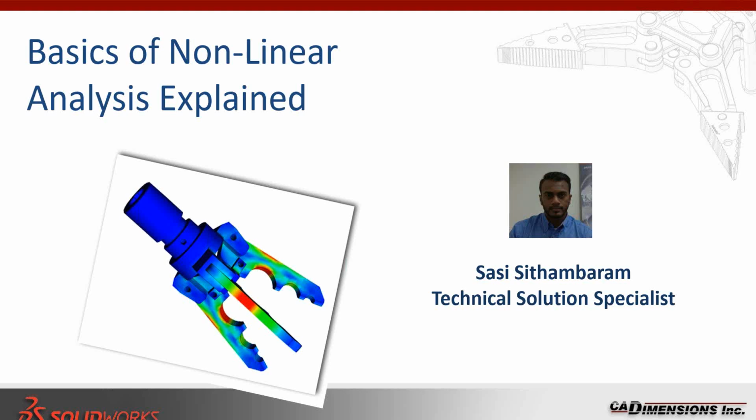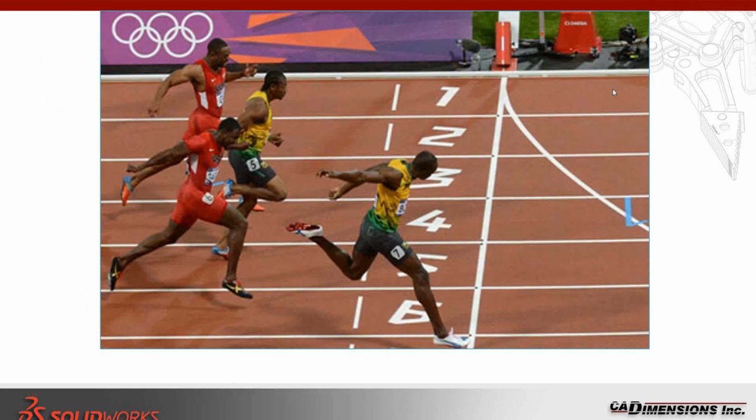So I want to start my presentation today by showing you this picture here. This is a picture from the 2010 Olympics, and you can see there Usain Bolt is winning the 100-meter race. A lot of us know about this race. It was very important to Usain Bolt.